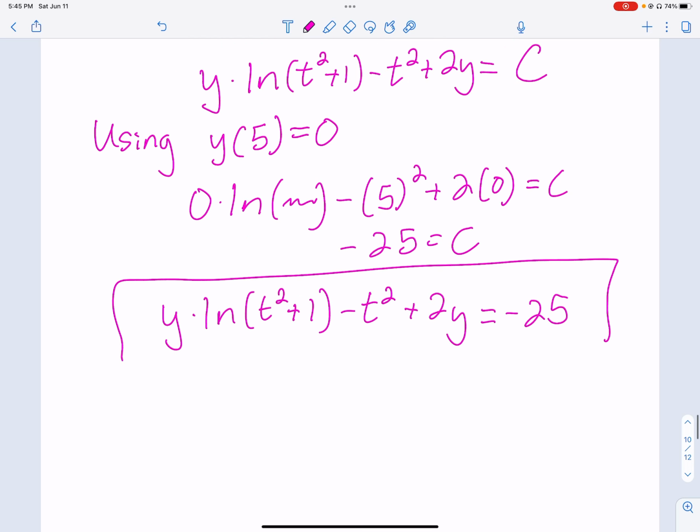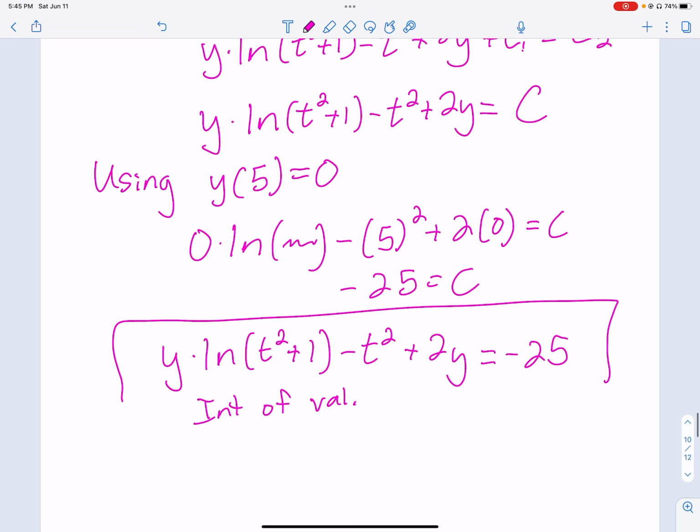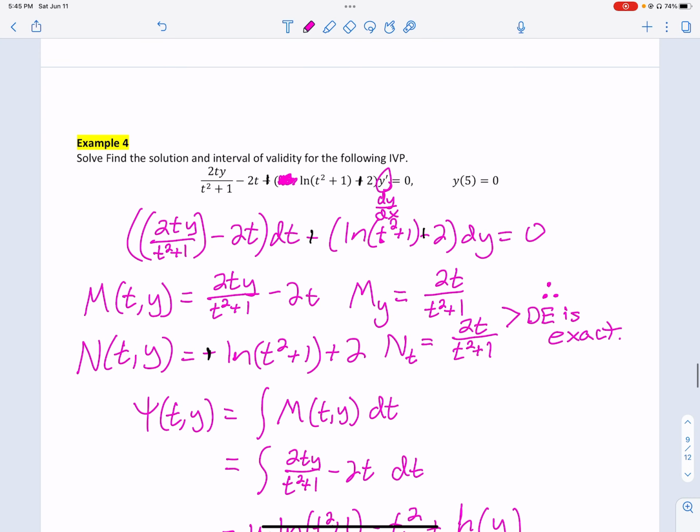The interval of validity, if we go through, the only thing that raises some flags, we have some fractions. So let's go back up to look. We have this, but if you look at the denominator, t squared plus 1, you can't make that 0. Try to find a t to plug in to make it 0. It doesn't work. You could use an imaginary number, but we don't want to do calculus on imaginary numbers. That's a different ball game.